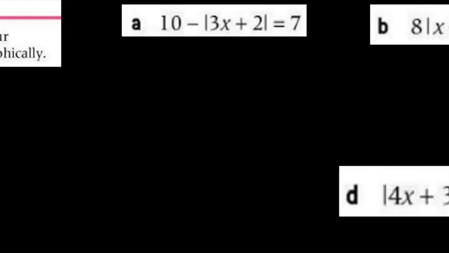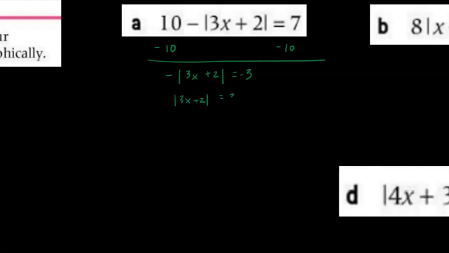Okay, so let's go ahead and solve. Now we need to isolate the absolute value. Minus 10, minus 10. Absolute value of 3x plus 2 equals negative 3. Divide both sides by a negative. Absolute value of 3x plus 2 equals 3. Let's break this up. So 3x plus 2 equals 3, or 3x plus 2 equals negative 3.